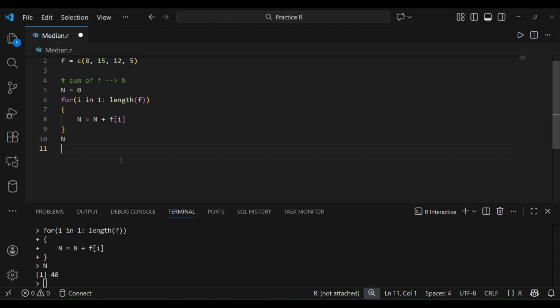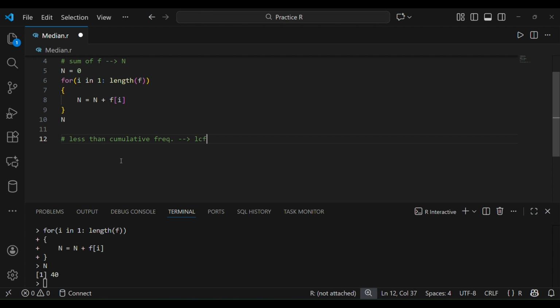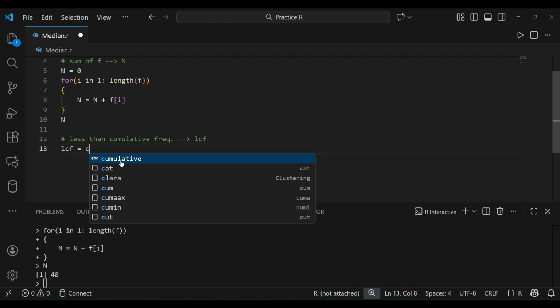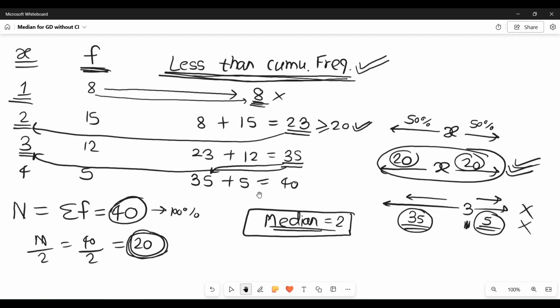Our next step is to calculate less than cumulative frequency. For that I will declare an empty vector. Name will be LCF itself. LCF is equal to an empty vector. As we have seen, the first value of this LCF vector is the first frequency value itself.